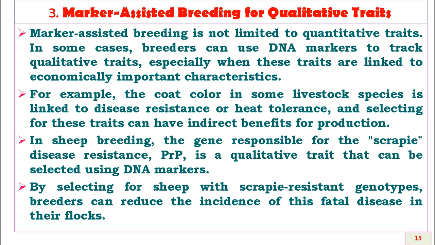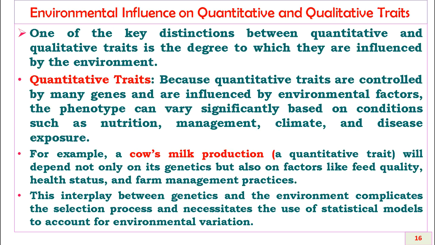So these qualitative traits also play an important role in selection. By selecting sheep with scrapie resistant genotypes, breeders can reduce the incidence of this fatal disease in their flocks. So, at the time of purchase itself, a farmer can see which phenotypic characters I should not purchase, because it will cause a disease, especially in my herd. So these are some of the marker assisted breeding for qualitative traits.